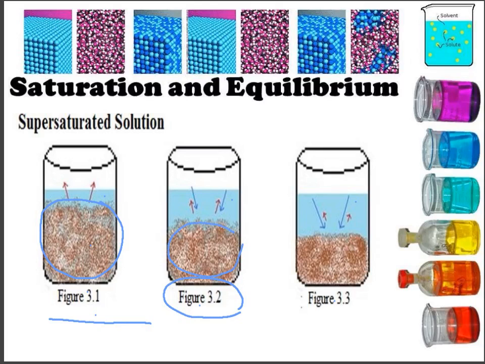So mas damo na crystals sa figure 3.2. And as the solid continues to crystallize, it slowly decreases the rate of dissolution. So if we notice, as dissolution tends to decrease here, crystallization is increasing. So their relationship is inversely proportional.